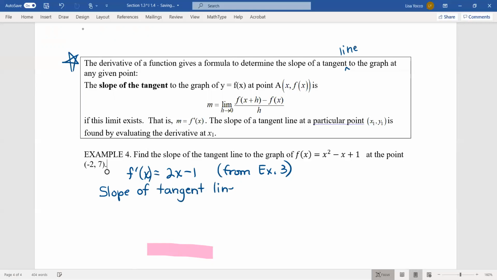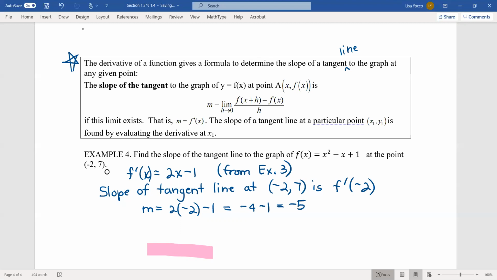So the slope of the tangent line at -2, 7 is f prime of -2. So we substitute -2 for x in the derivative, which is -4 minus 1, which is -5.